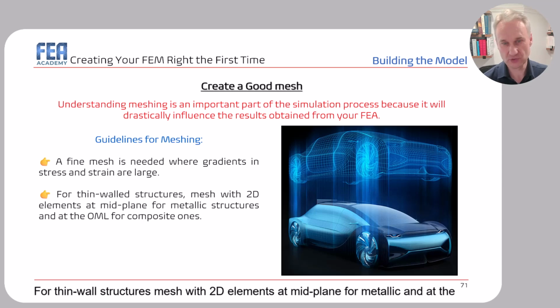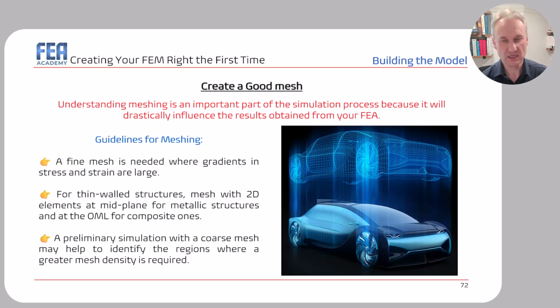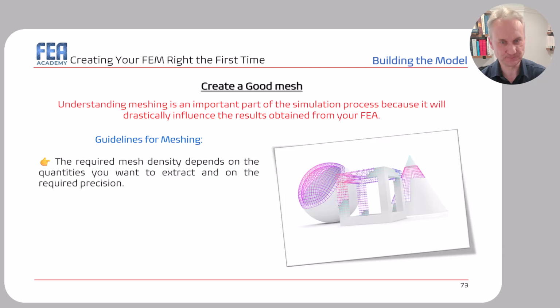For thin wall structures, mesh with 2D elements at mid-plane for metallic and at the OML for the composite. A preliminary simulation with a coarse mesh may help to identify the regions where a greater mesh density is required.